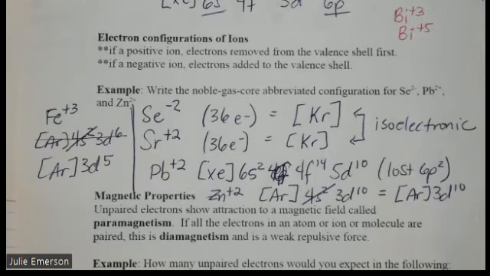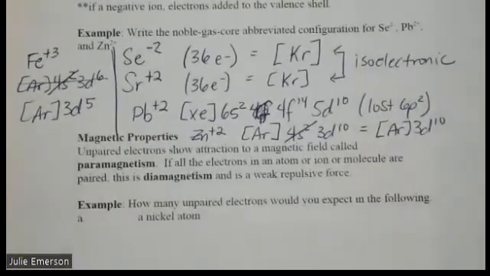But then when I go to take it away, I got to take away the 4s before the 3d. All right. And again, the way I kind of made sense of that was, if I'm thinking about removing an electron, I'm going to, of course, remove from the highest occupied shell first. So even though the 3d electrons aren't as stabilized as the 4s, the 4s are still farther away from the nucleus than the 3d. So that was sort of how I rationalized it in my head.